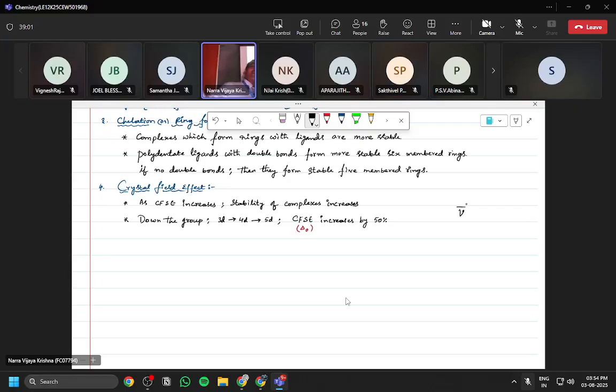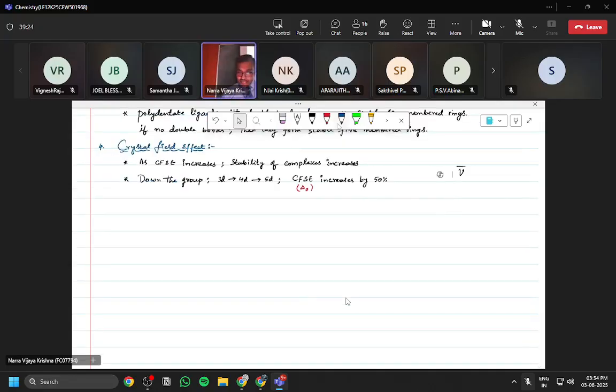If wave number of that radiation is high, means energy gap is high. If it is around 16,500, or assume if it is 10,000, then for 4D, 15,000. For 5D, are you able to understand in that way? It increases by 50%.